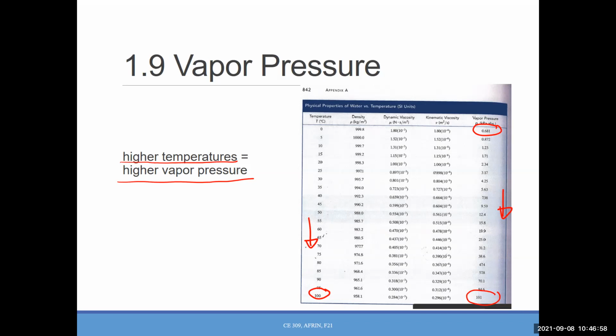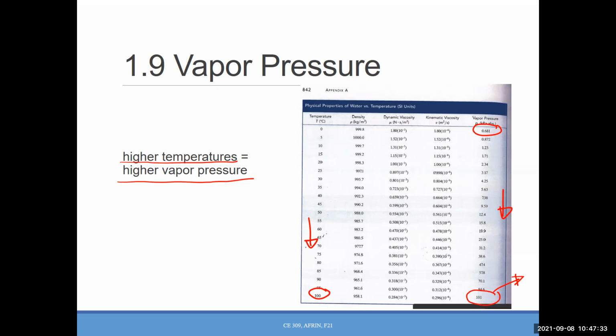Now, just to remind you or connect some dots, 101 kilopascal. Does this value look familiar? That is the atmospheric pressure, right? And that's why, in this situation, we are at atmospheric pressure right here. If you apply 100 degrees centigrade to the water, it will start what?